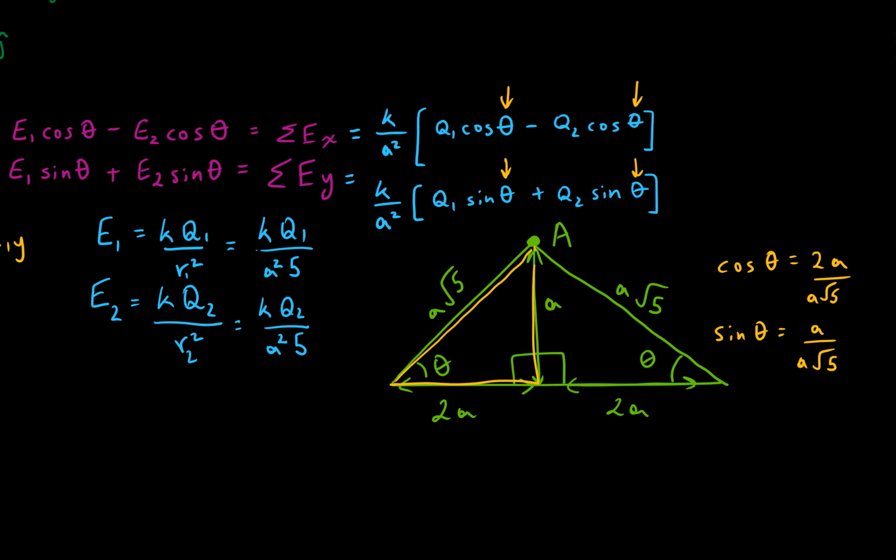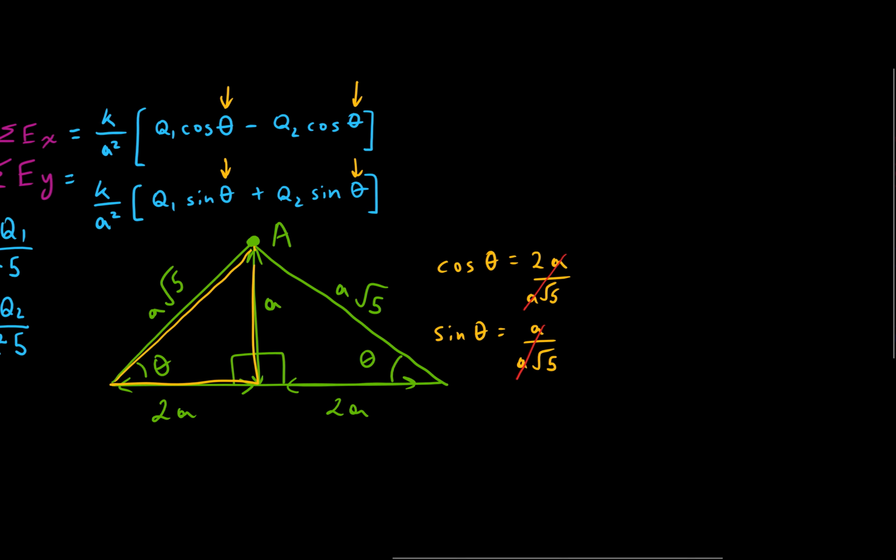And we see that A and A are going to cancel in numerator and denominator. So we can write this expression for cosine and sine respectively as 2 over the square root of 5 for cosine and 1 over the square root of 5 for sine.